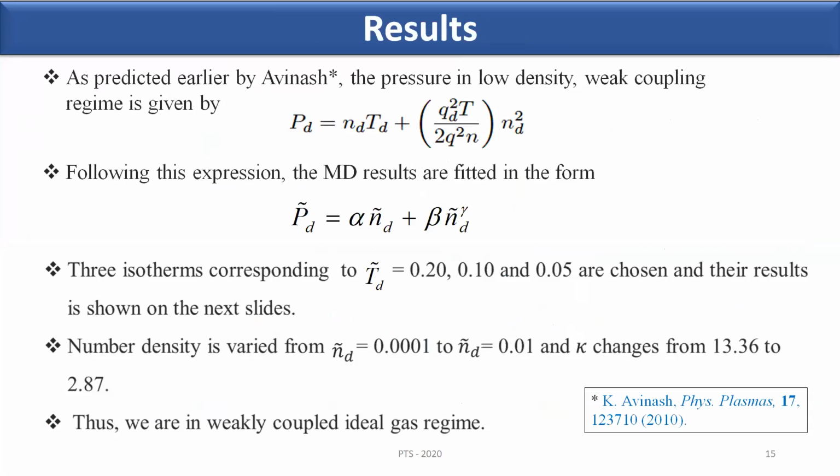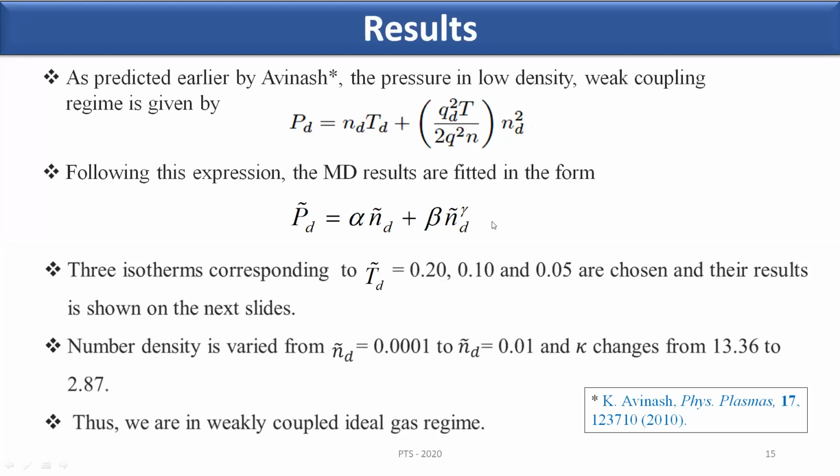So here are the results. Inspired by the earlier analytical results, I have fitted my results with these parameters. The first expression is the kinetic pressure, which has a first-order dependence on number density, and the second term has a second-order dependence on number density. Therefore, I have fitted my results as P_d equals alpha times n_d plus beta times n_d to the power gamma.